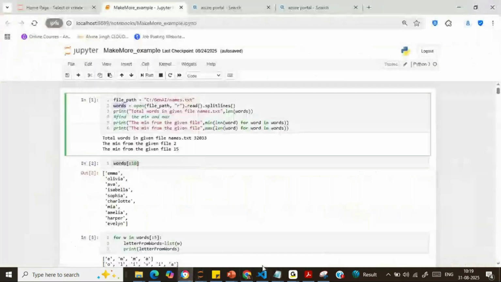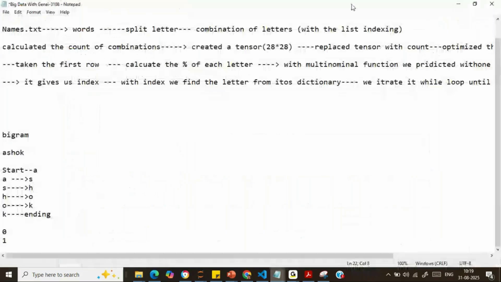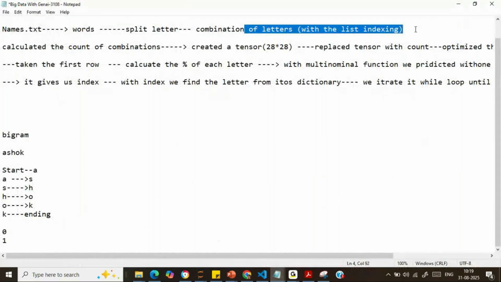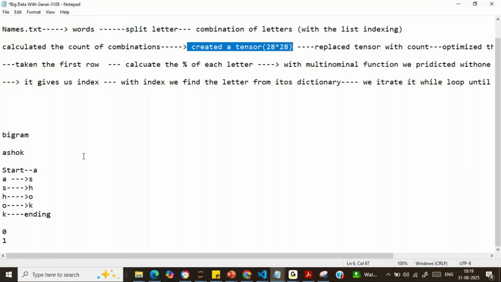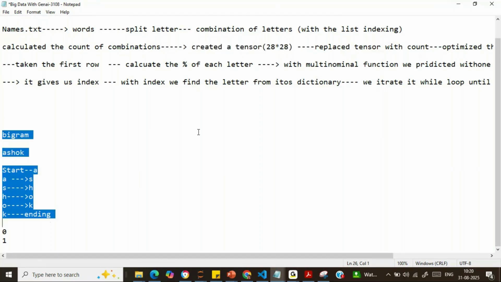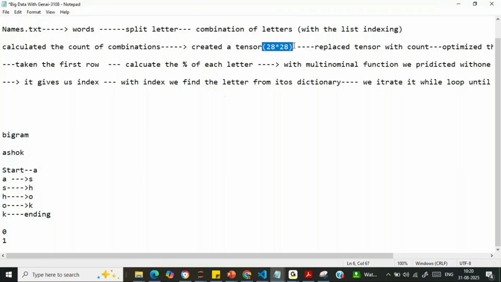So we found the combinations, then we counted the sum of each combination, then we created a tensor and moved the counts into that tensor. And why was a 28 cross 28 tensor created?